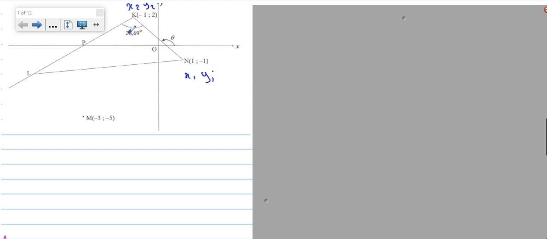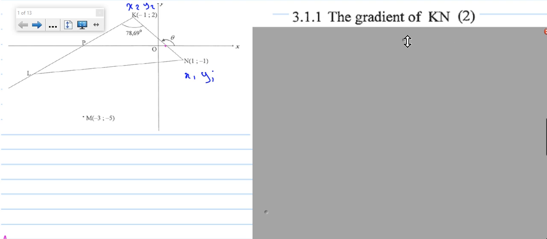They also give you an angle in space, theta, which is the angle of inclination of the line KN. An important thing to note: if an angle in space is given, meaning an angle not on the x-axis, then look for a triangle, KP and this one here, and we could use that for a later question. Let's look at 3.1.1.